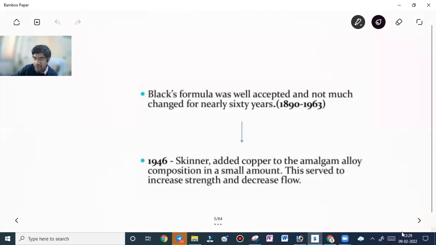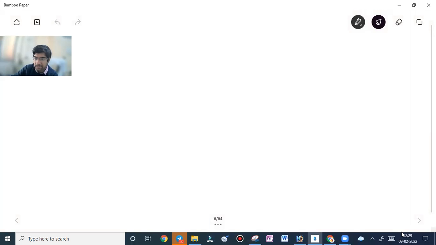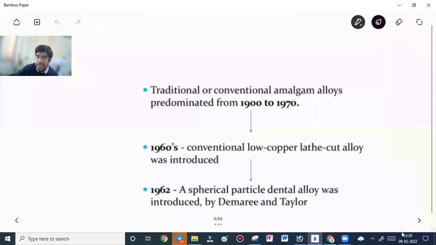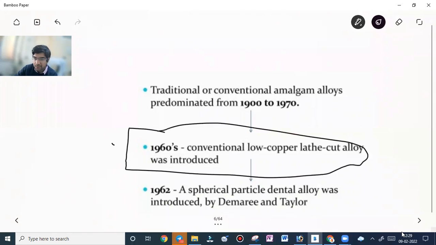So this is all about the history of amalgam. In 1960, the low copper lathe cut was introduced, and the spherical particle dental alloys were introduced by Demaree and Taylor.